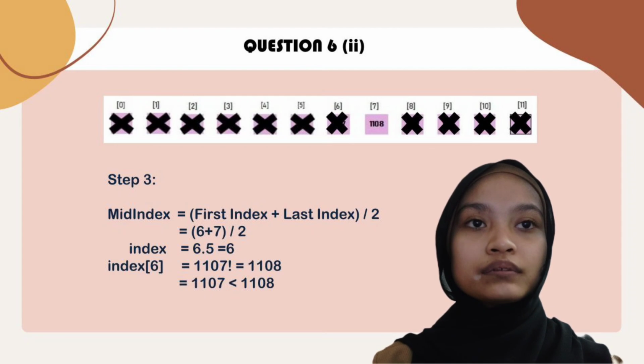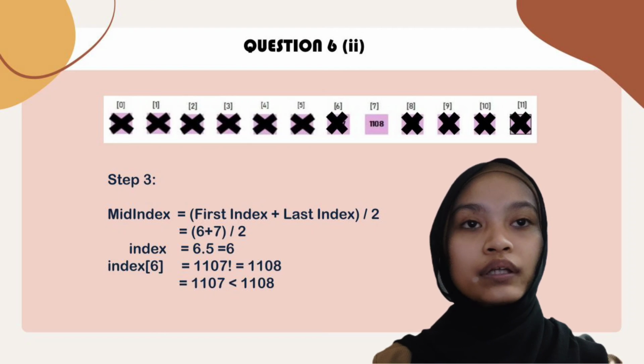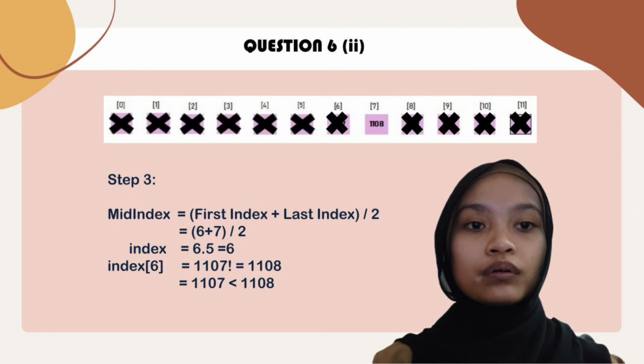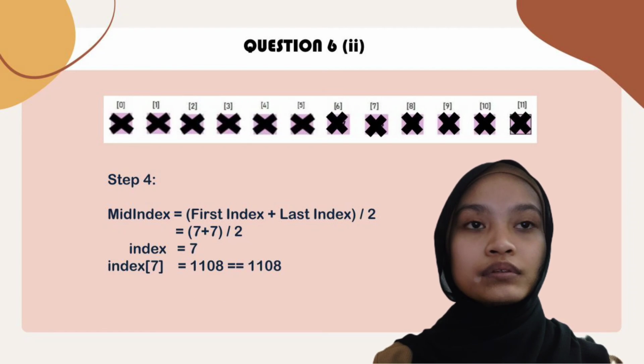The index is 6.5. 6.5 shows at the sixth index, which is 1107. And lastly, for the fourth step, the first index is 7 and the last index is 7, divided by 2.